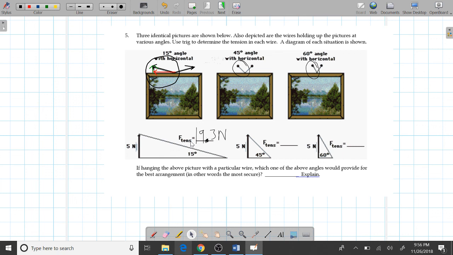So find the tension here and here and figure out which one has the least tension. That's going to give you your safest arrangement, because the less tension on your wires, the less likely the picture is to fall. So there you go.